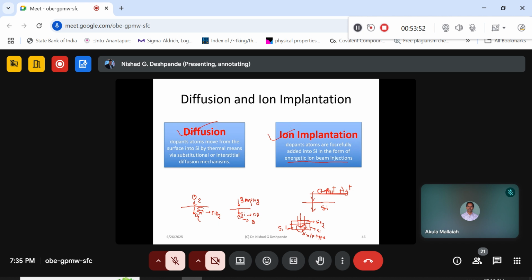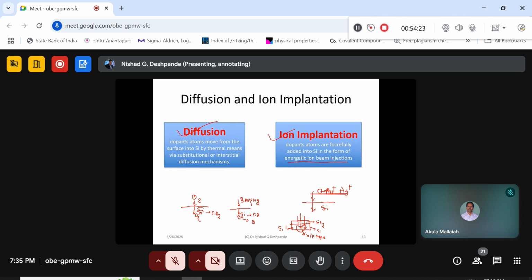Most of the time, the diffusion process leads to more defect formation in this region, and hence to have a proper channel with controlled dimensions and a controlled region, one can go for localized doping processes, which is called ion implantation.